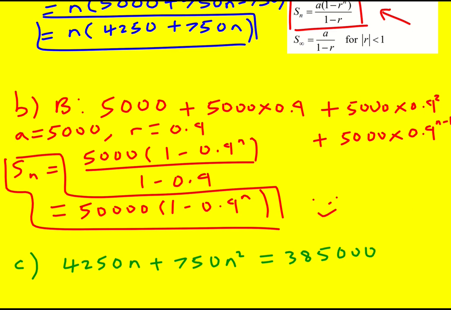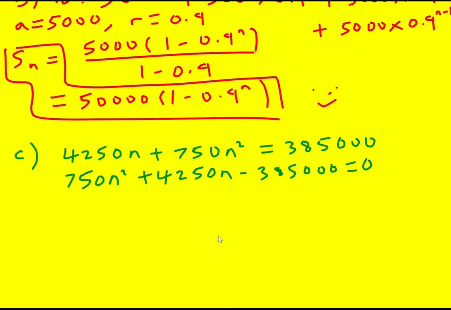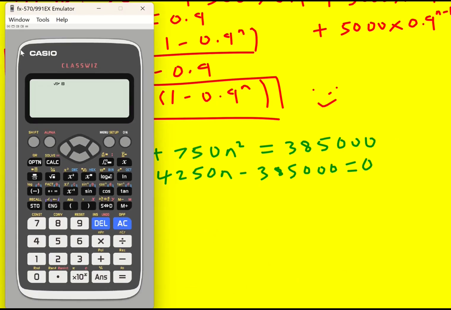So 750n squared plus 4,250n minus 385,000, making it equal to 0 essentially. It turns out that you can cancel down some common factors and factorize this, but in this sort of scenario, it's best to get your calculator to sort it out using the quadratic formula.